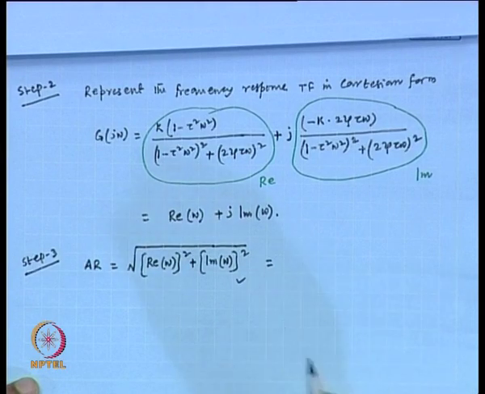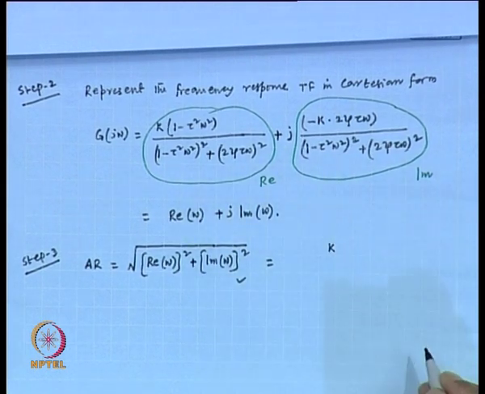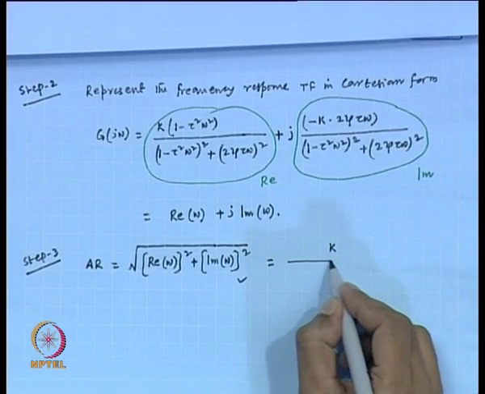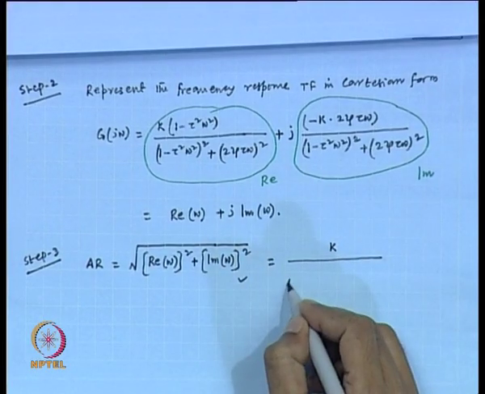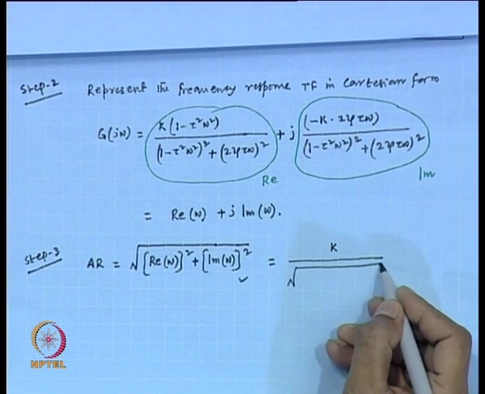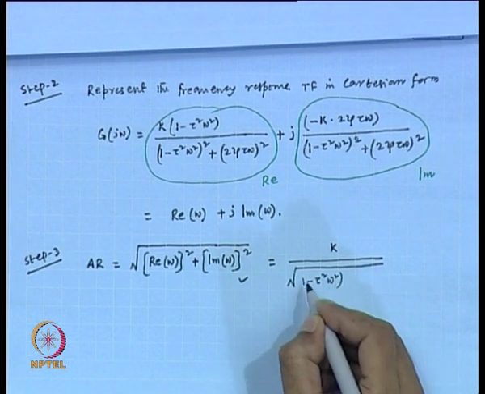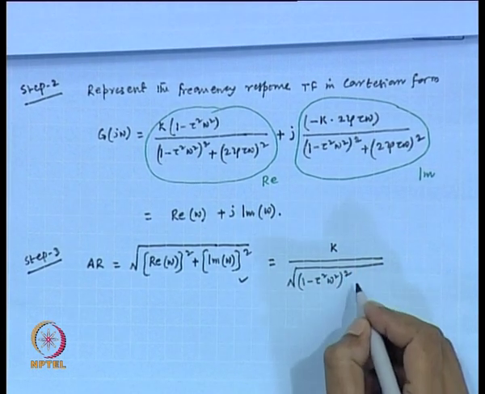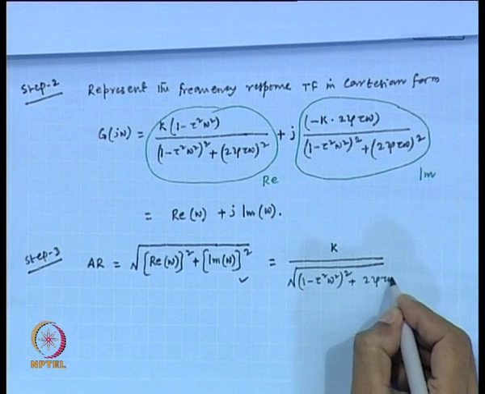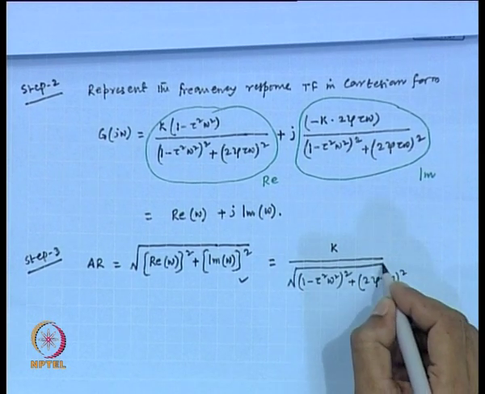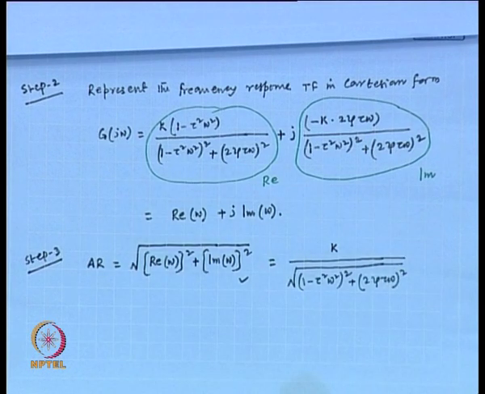So, how much is the amplitude ratio? If we substitute real and imaginary parts, the amplitude ratio becomes k divided by root over of 1 minus tau square omega square whole square plus 2 zeta tau omega whole square. So, this is the amplitude ratio for the second order system.